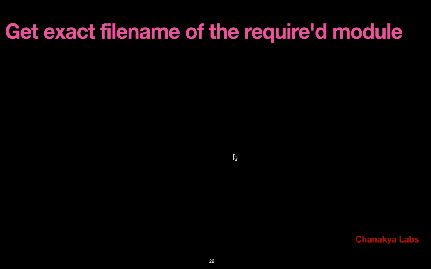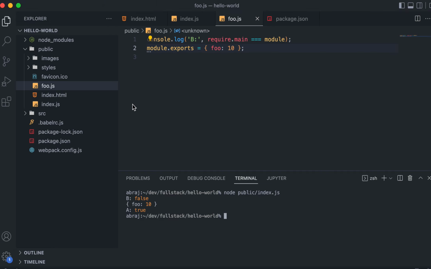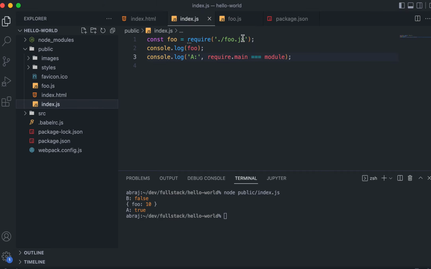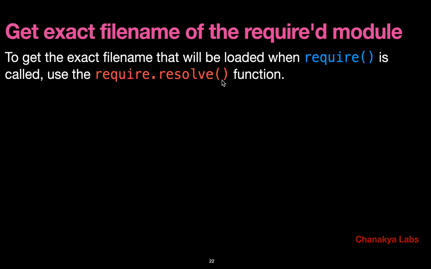Apart from that, you sometimes also want to know the exact file name which is actually required. Required means if I am requiring this foo.js, then what is the actual file? You can see that here the whole file name is not there, the extension is missing, but anyway, I want to know the whole file name. So require.resolve is a function which gives us that.